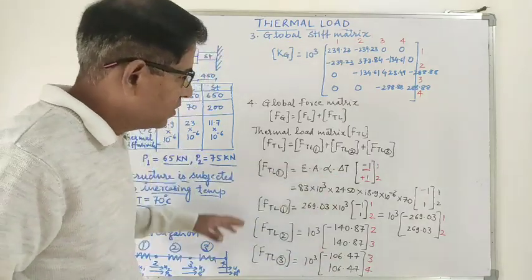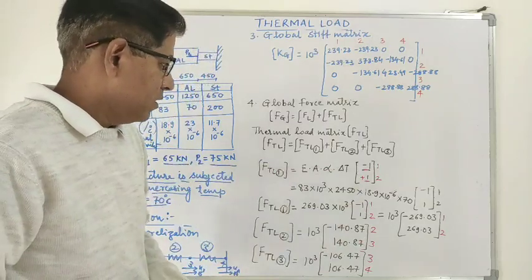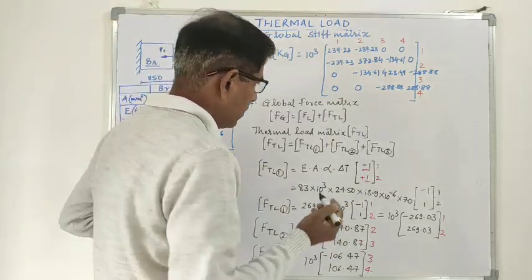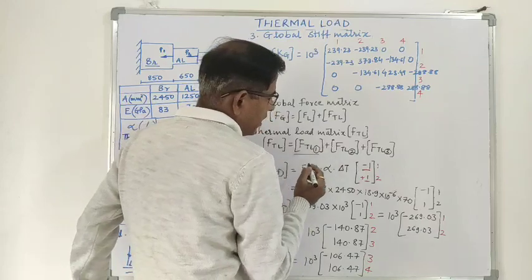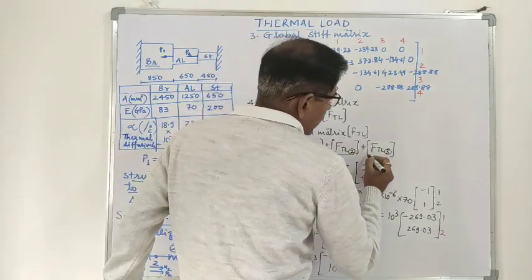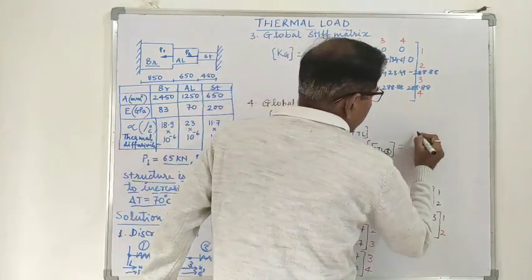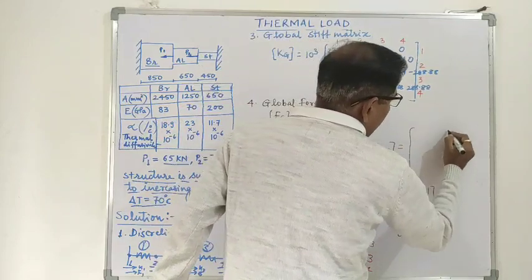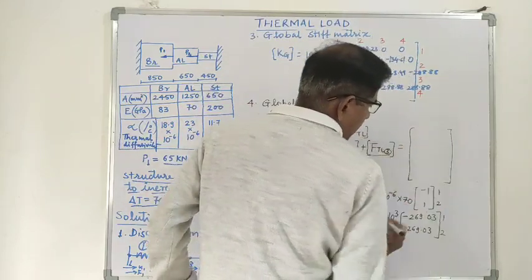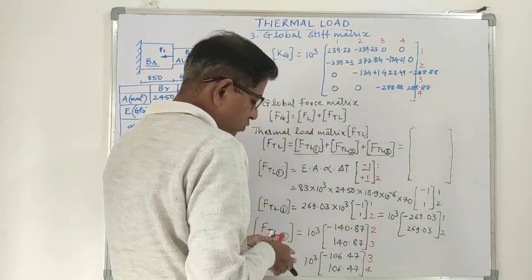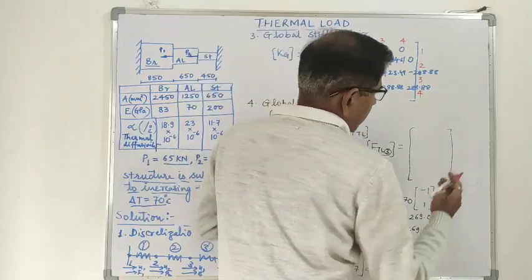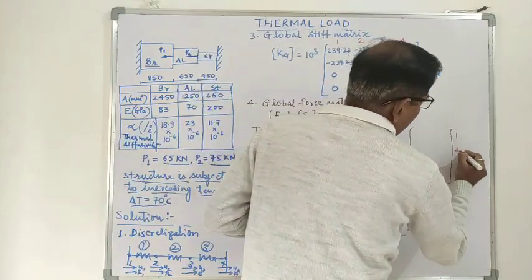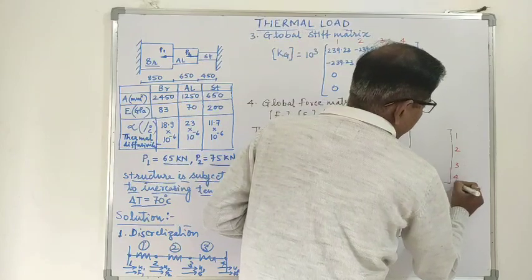Now from thermal load matrix 1, thermal load matrix 2 and thermal load matrix 3, you can make a global thermal load matrix, which will be for nodes 1, 2, 3 and 4.